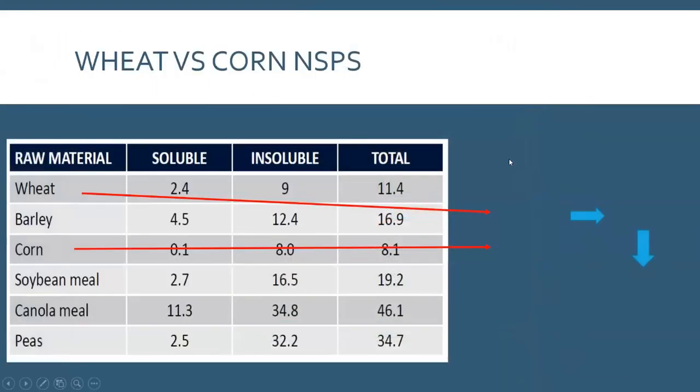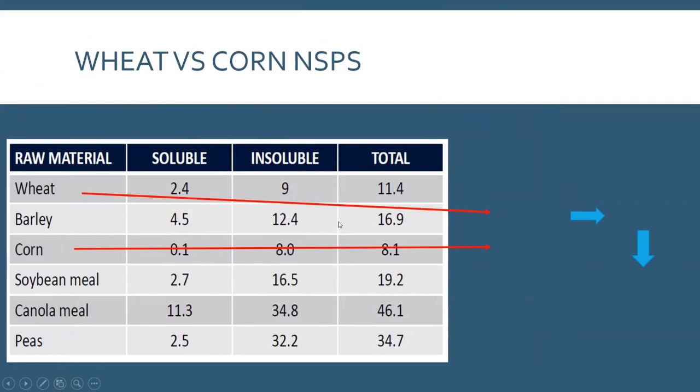So just to compare, using wheat and corn, the NSP content of wheat is entirely different from the NSP content of corn. Though they both have arabinoxylans, the percentage of soluble and insoluble arabinoxylans would differ in wheat and corn.